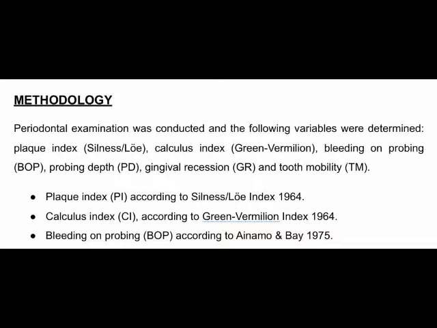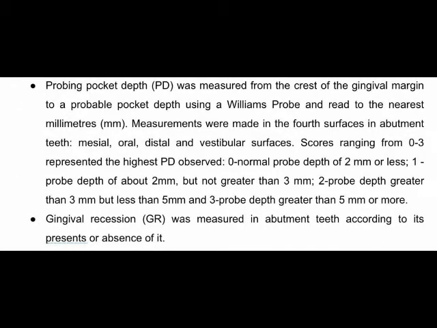For probing, pocket depth was measured from the crest of the gingival margin to a probable pocket depth using a Williams probe and grid to the nearest millimeter. Measurements were made on 4 surfaces of abutment teeth: mesial, oral, distal, and vestibular.